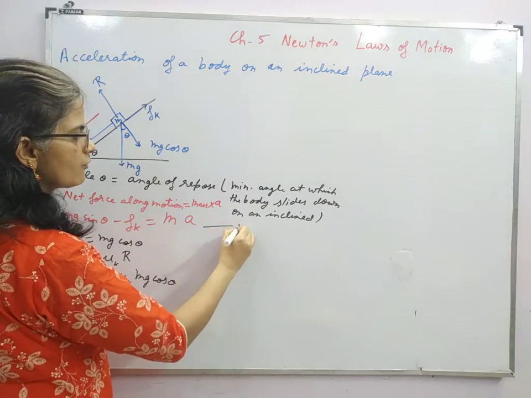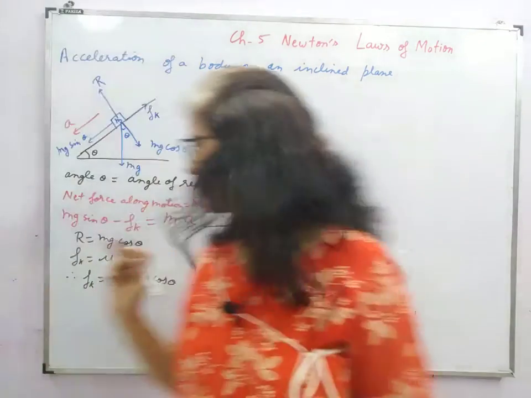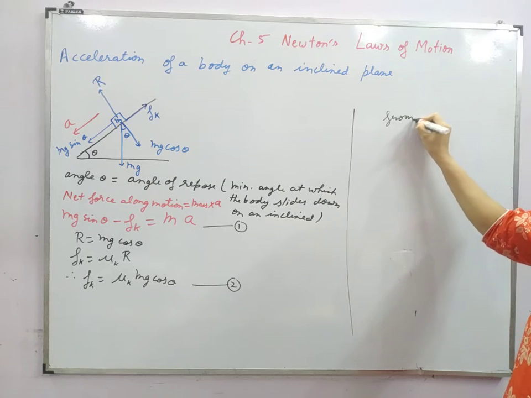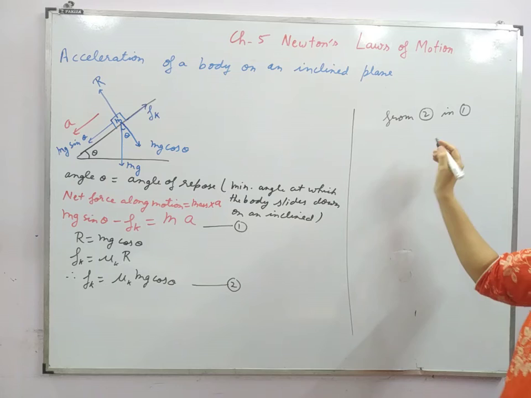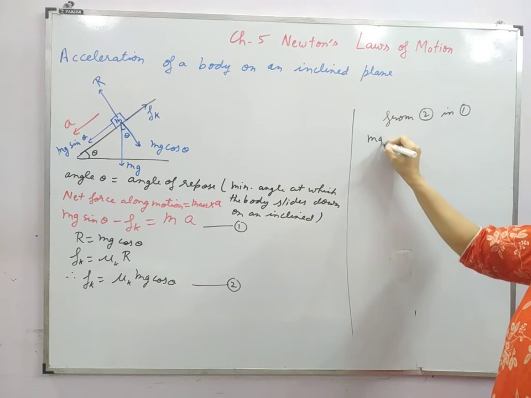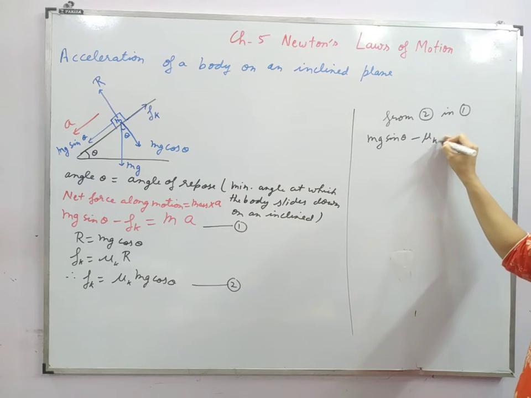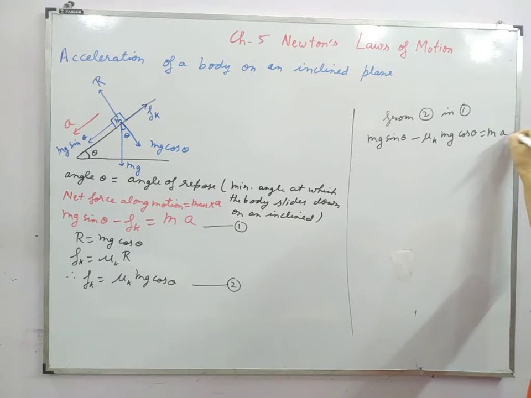Let's mark this as equation 1 and this as equation 2. So from 2 in 1, I'll put the value of fk. So this is mg sin theta minus mu k mg cos theta is equal to mass into acceleration.